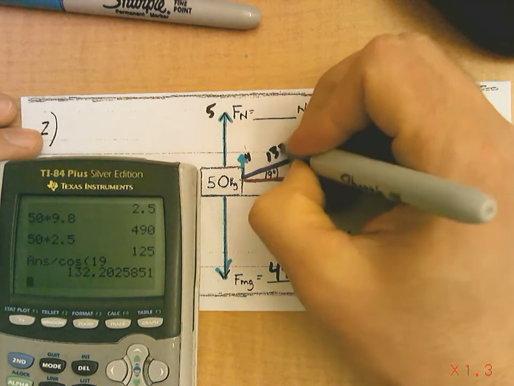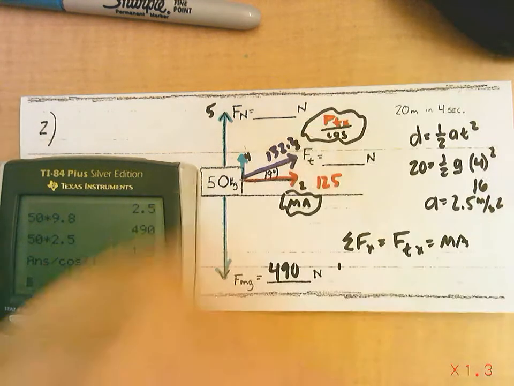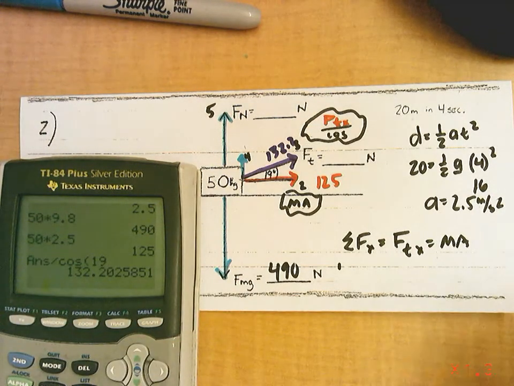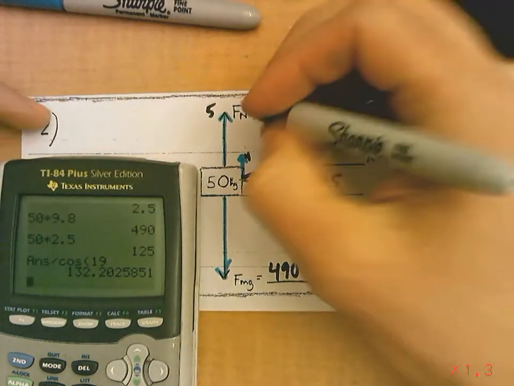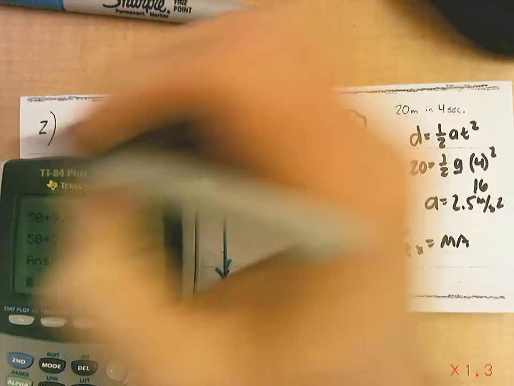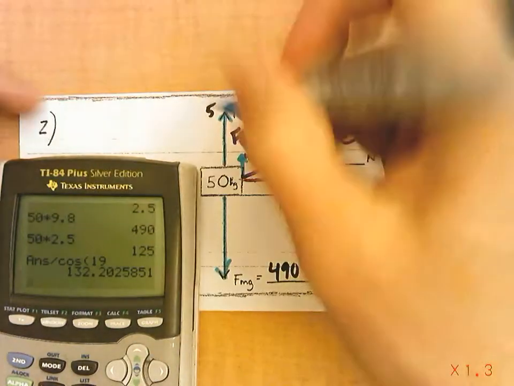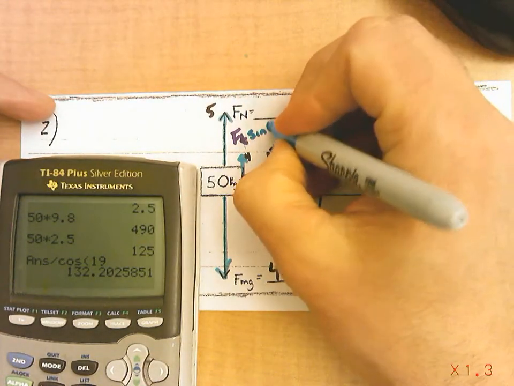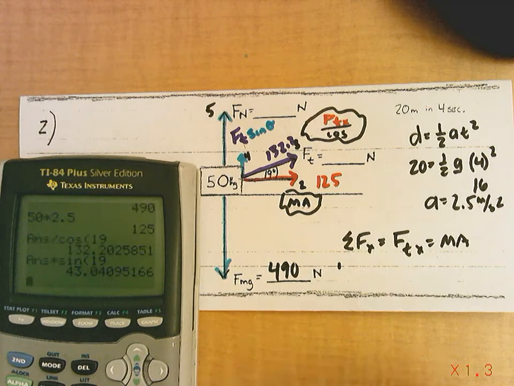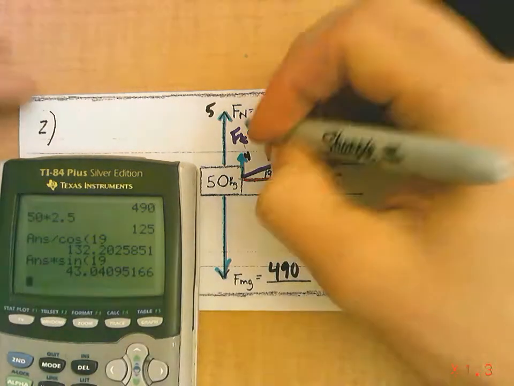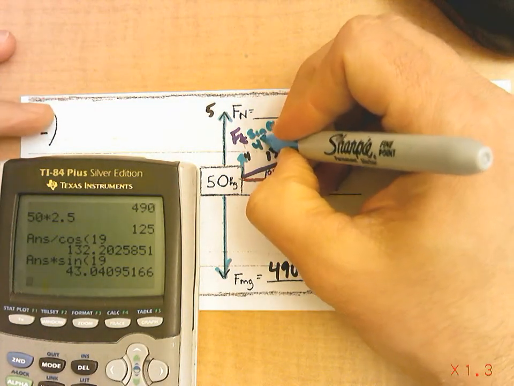The hypotenuse is 132.2. Once we have the hypotenuse, which is FT, we can multiply it times the sine of the angle, and that'll tell us our y component. So if we take our previous answer and multiply by sine of 19 degrees, we end up with 43. So that's how much of the tension is directed up.